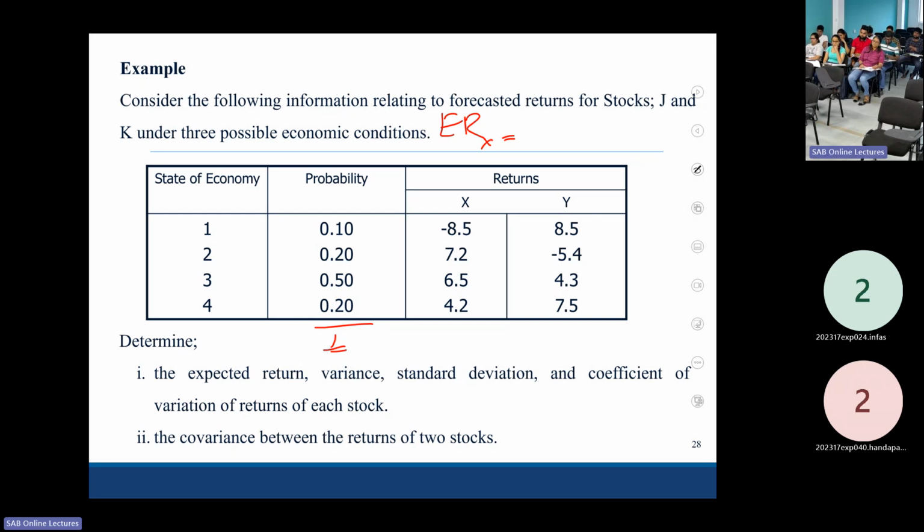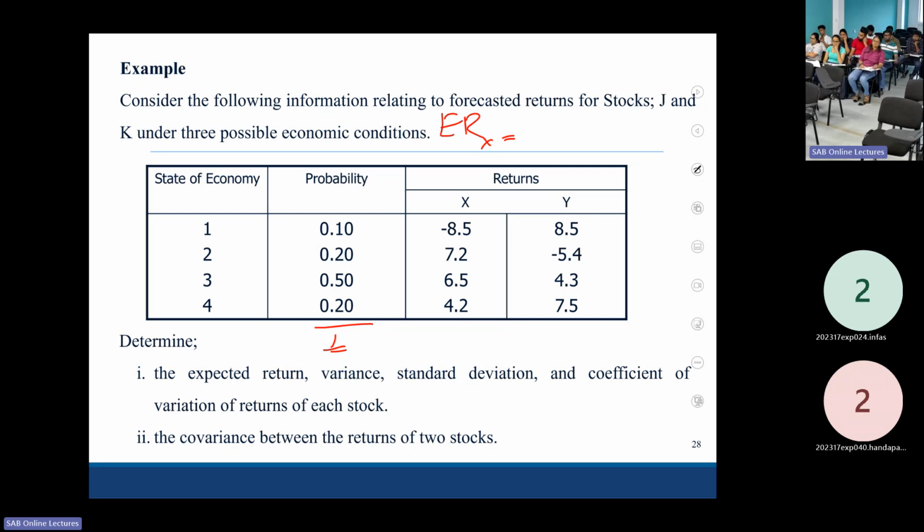Forecasted return under each state of the economy, based on your analysis and your skills, you have identified them. Then, based on this expected distribution of your forecasted return, you have to work out the expected return by using the previous formula.